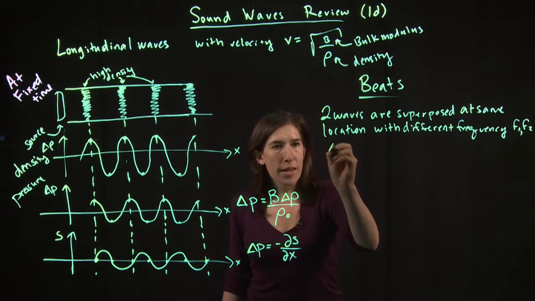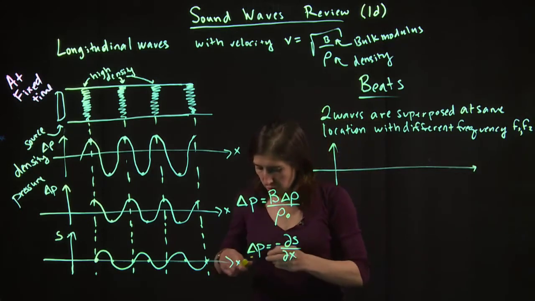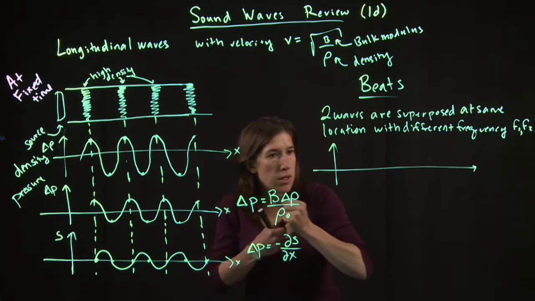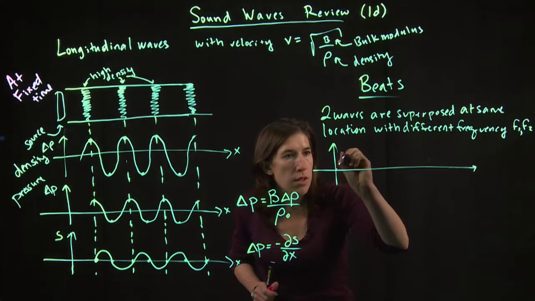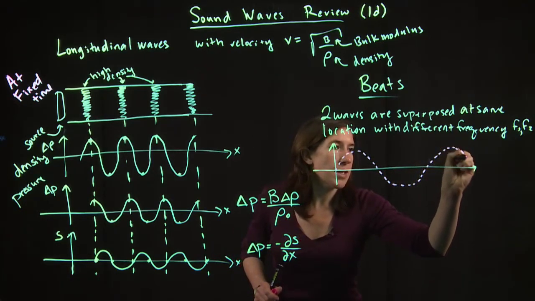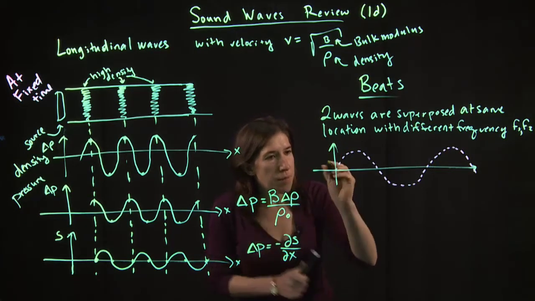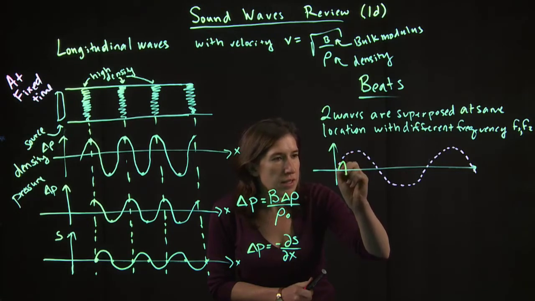And it turns out that you end up with this interesting phenomenon. When you do this, the net result ends up being a wave that looks kind of like this.